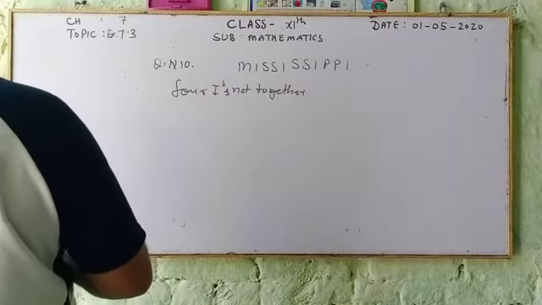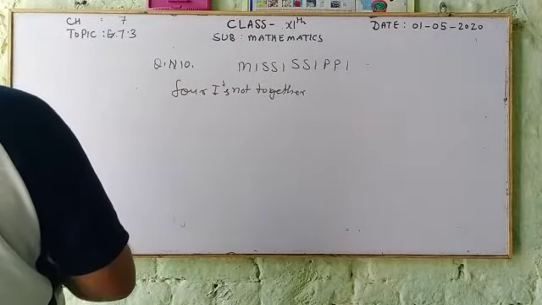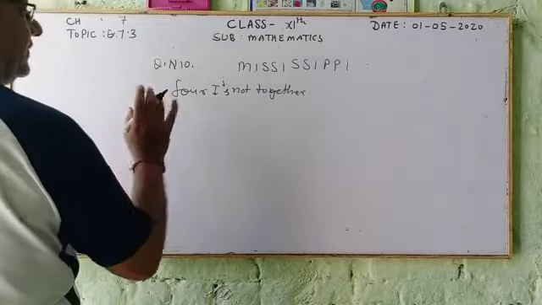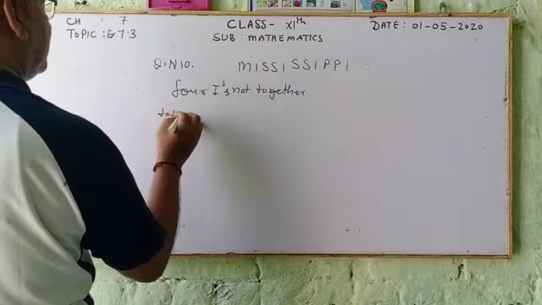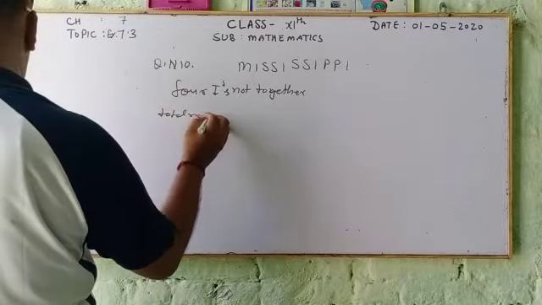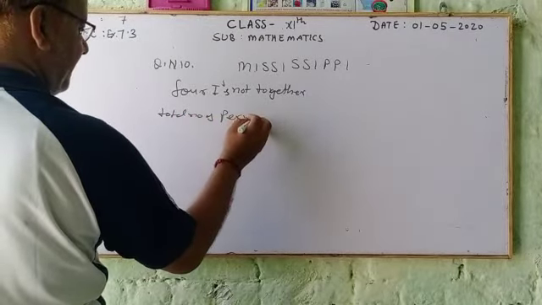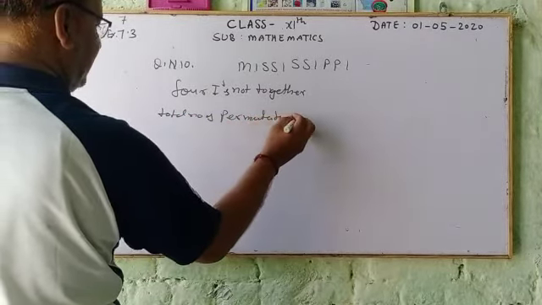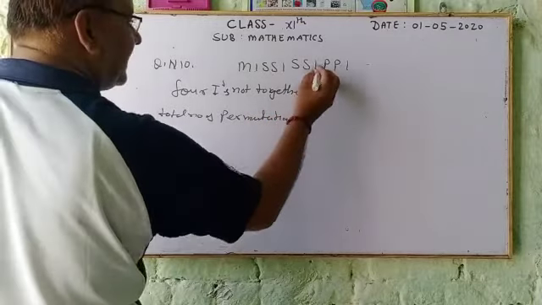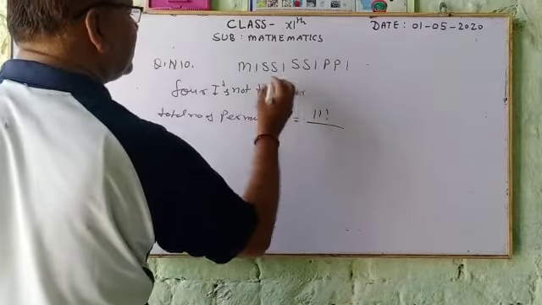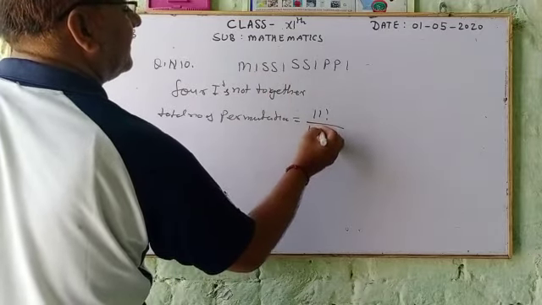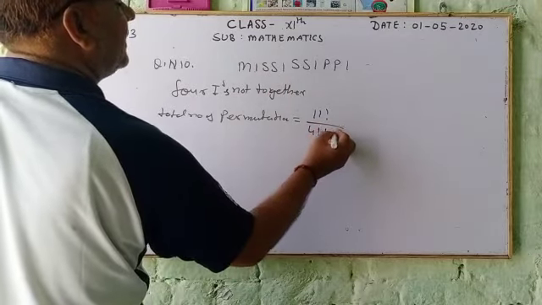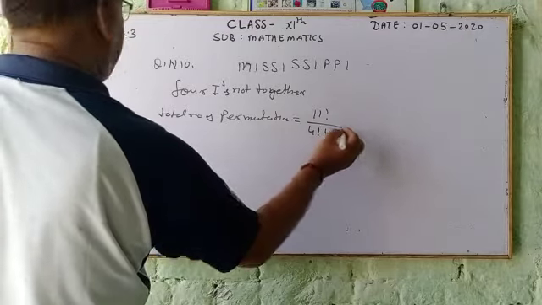So in this question, we first take the total number of permutations without any restrictions. Use the word MISSISSIPPI. So the total number of permutations: total letters are 11, with repetition M 1 time, I 4 times, S also 4 times, and P 2 times.